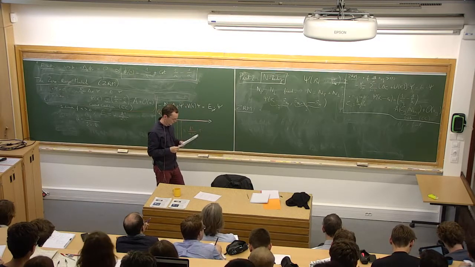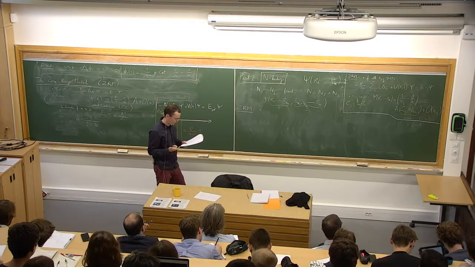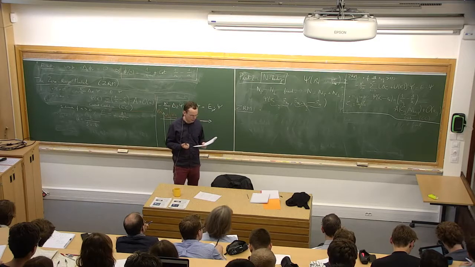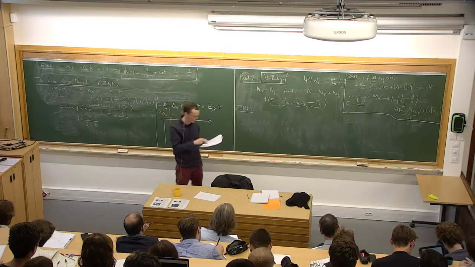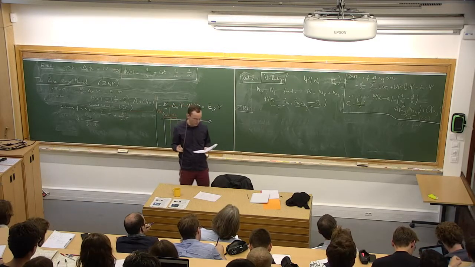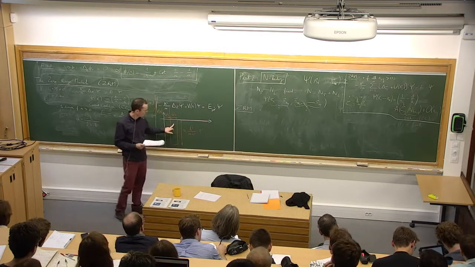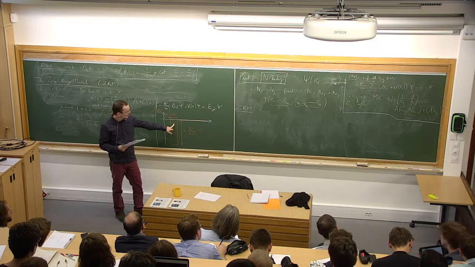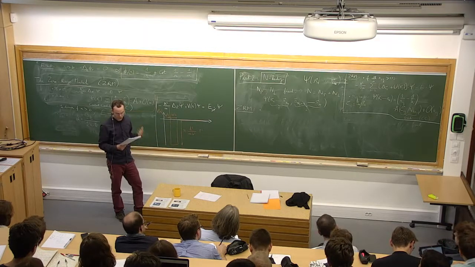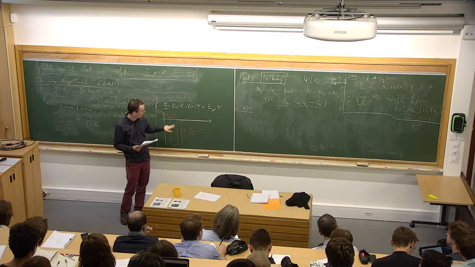More precisely, I will not write this on the board now, but you will have it in the notes. If you start from a finite range model again, for example this one, and then you write down the Schrödinger equation for the n-body problem with this potential.